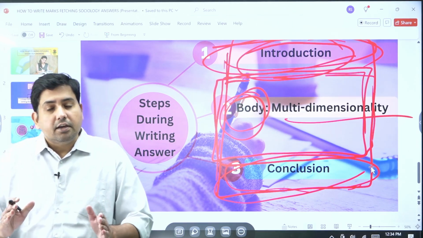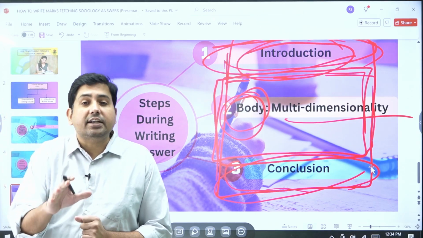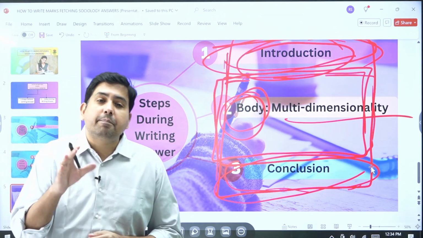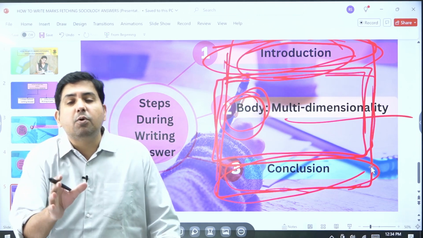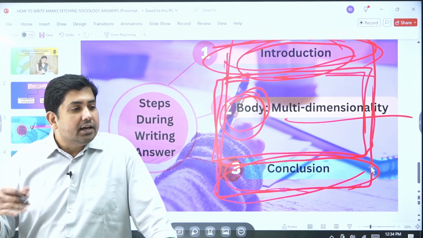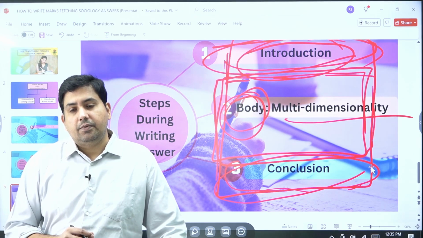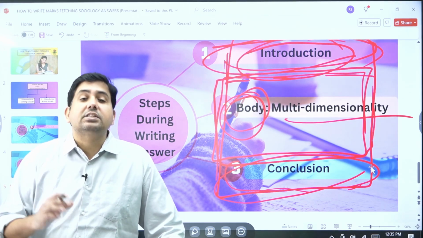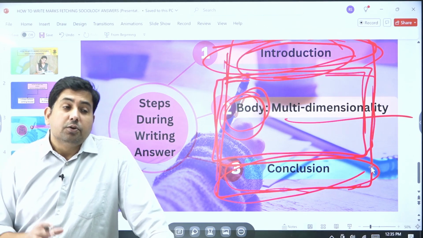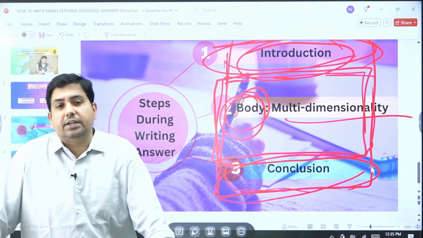So this curiosity must be there inside you: what is the rate of suicide in India, for example, or which type of people or group commit more suicide in India, or regional variance in suicide rate in India, or gender-wise suicide, male and female suicide rate. On these various parameters you must collect data on suicide.